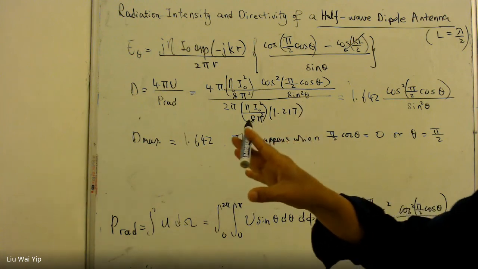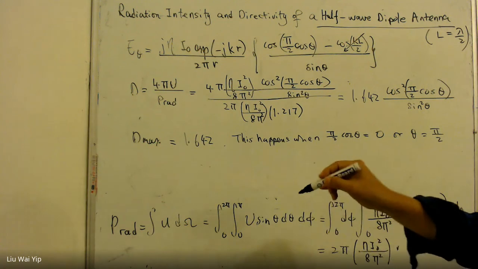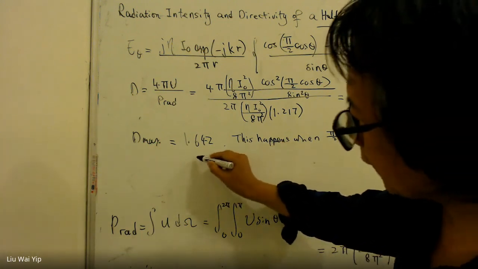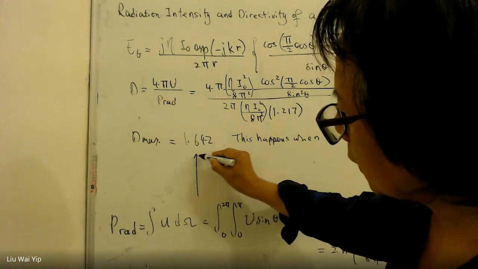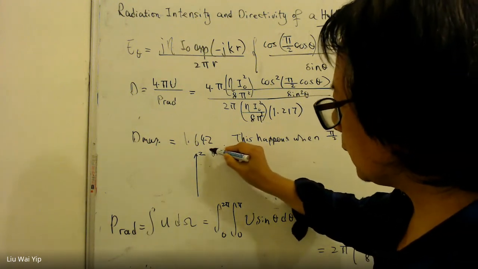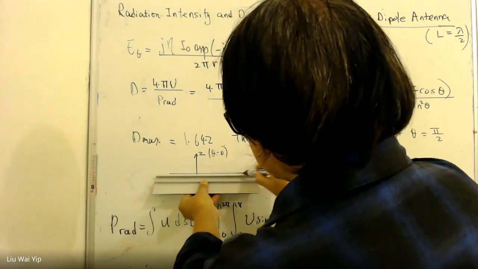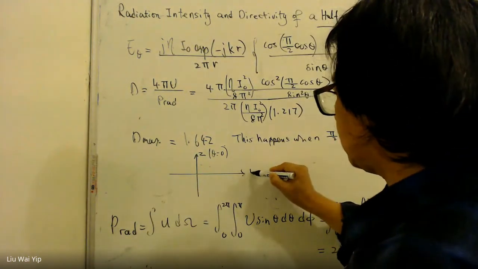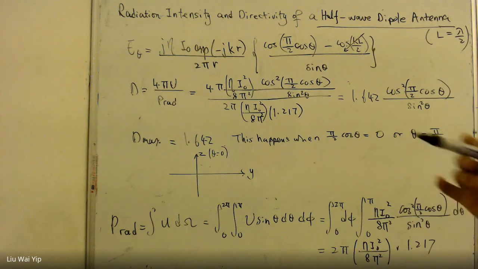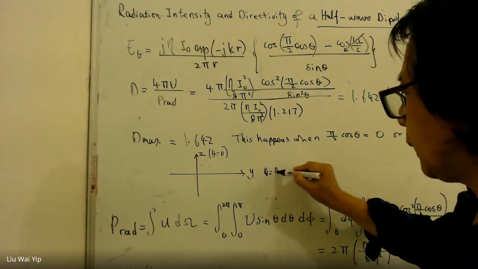So if you have a radiation field where theta is equal to 0, and then you work out the radiation field, this one is 90 degrees.